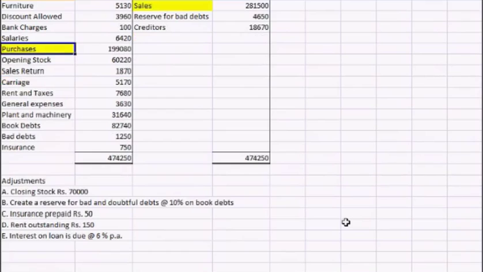So what we'll do is pass the entry in this manner. We'll have closing stock on the debit side because it is an asset, and every addition to an asset leads to a debit, and to trading account, the amount would be 70,000.